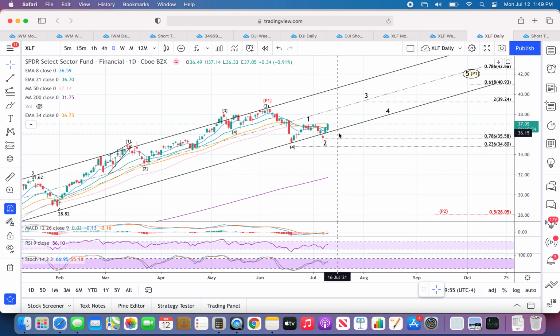If we see that then break and close to the upside and start seeing the moving average cluster cross bullishly, then you've got the confluence of evidence that we should be anticipating possibly XLF up into the 40s before that high is set.